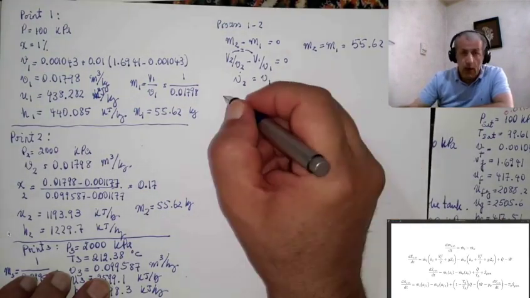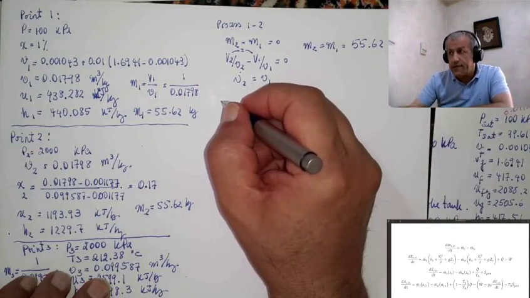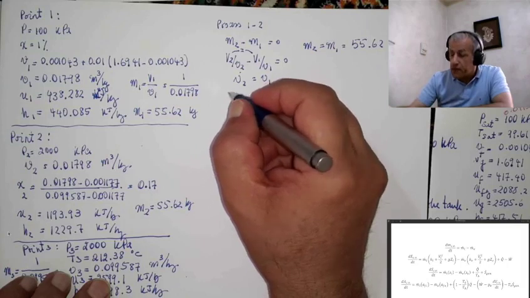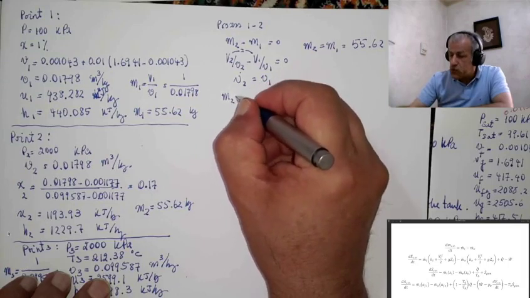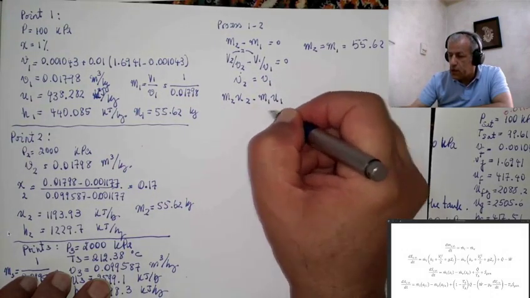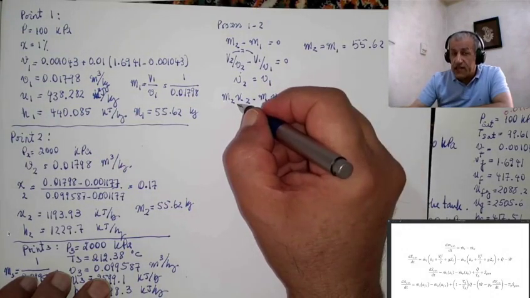Okay, now let's write the first law of thermodynamics for a system for the same process 1, 2, where there is no mass in or out. So we have M2U2 minus M1U1, which is the final energy.